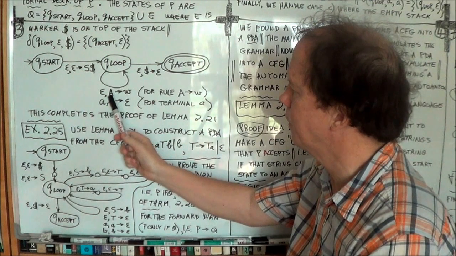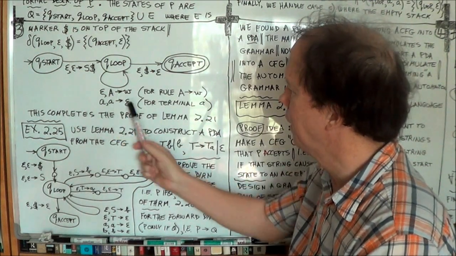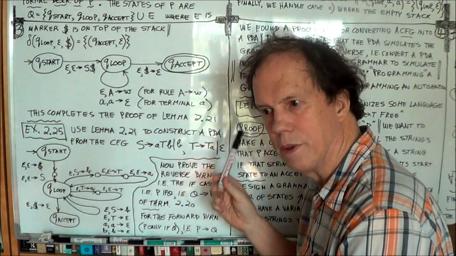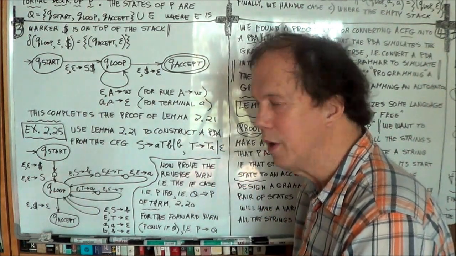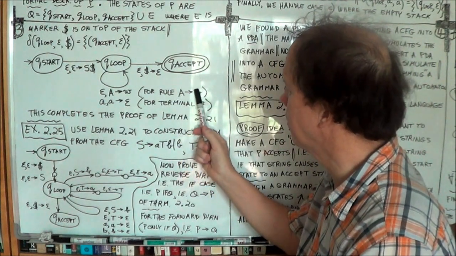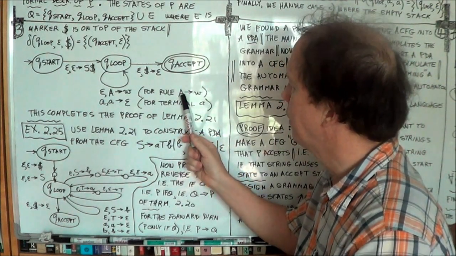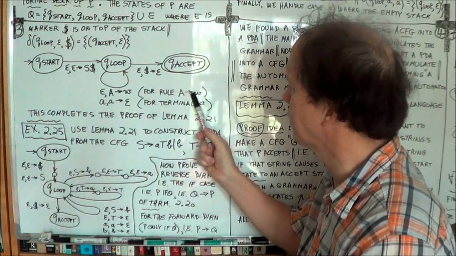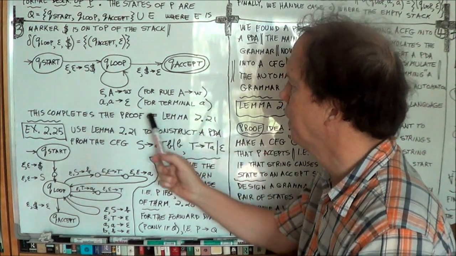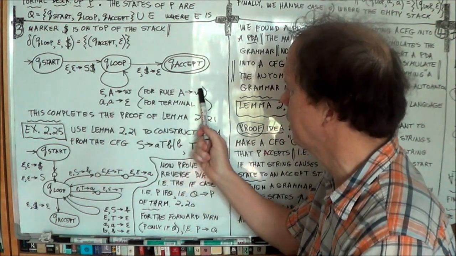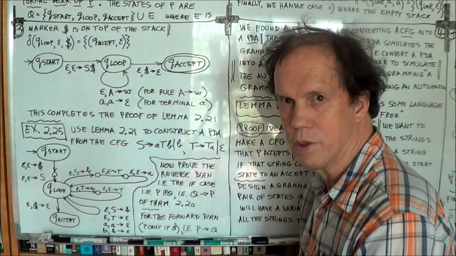Alright, so you pop this A, and you look in your big R, the set of rules for your grammar. You look for a rule A arrow W, this string W. So you're going to substitute for this variable A, you're going to rewrite it, if you like, with this string W. Okay, so you put that right-hand side W onto the stack, push it.